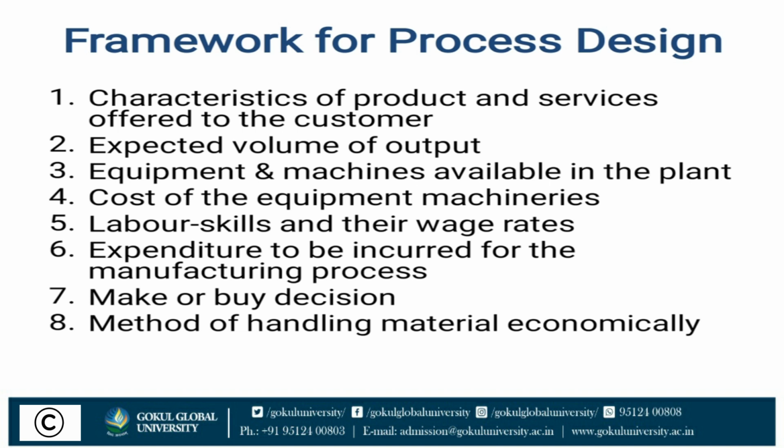That means after deciding the cost of the equipment and machineries, we have to check the skill of the laborers and then distribute the work among the laborers, or decide the wage rate according to their skill. The next framework step is expenditure to be incurred for the manufacturing process. Then we have to decide the expenses which will occur during the production process.